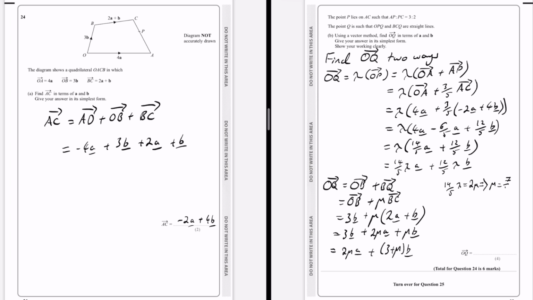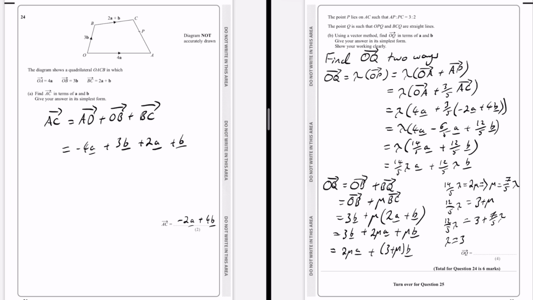We also know that 12/5 of lambda must be equal to 3 plus mu from comparing the little b's in both vectors. And because mu is equal to 7/5 lambda, I can replace the mu with 7/5 lambda, and it gives me a little equation we can solve to find the value of lambda. Subtract 7/5 lambda from both sides, and you get lambda equal to 3.